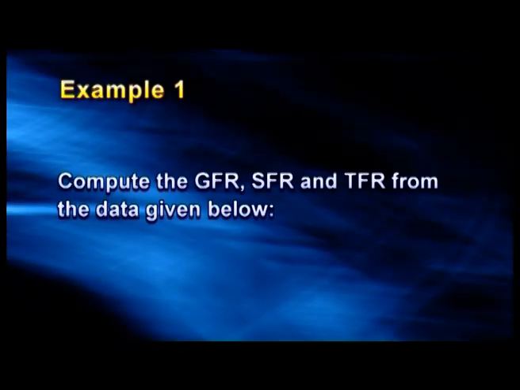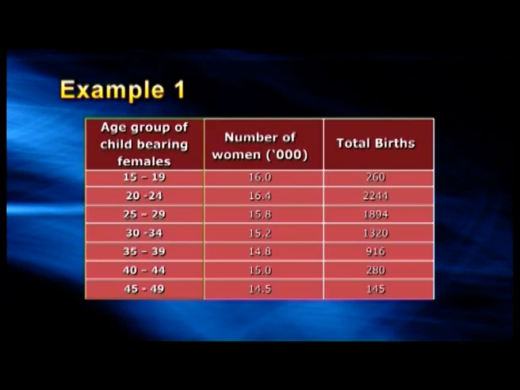Let us take an example to understand the calculation of the general fertility rate, specific fertility rate, and the total fertility rate. Compute the GFR, SFR, and TFR from the data given below. The first column shows the age of the population in years, subgrouped as 15 to 19, 20 to 24 and so on up to 45 to 49.